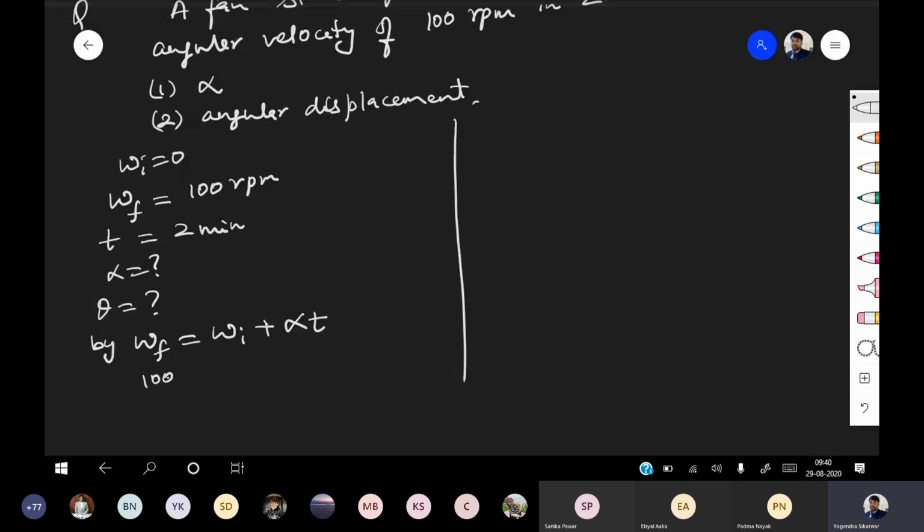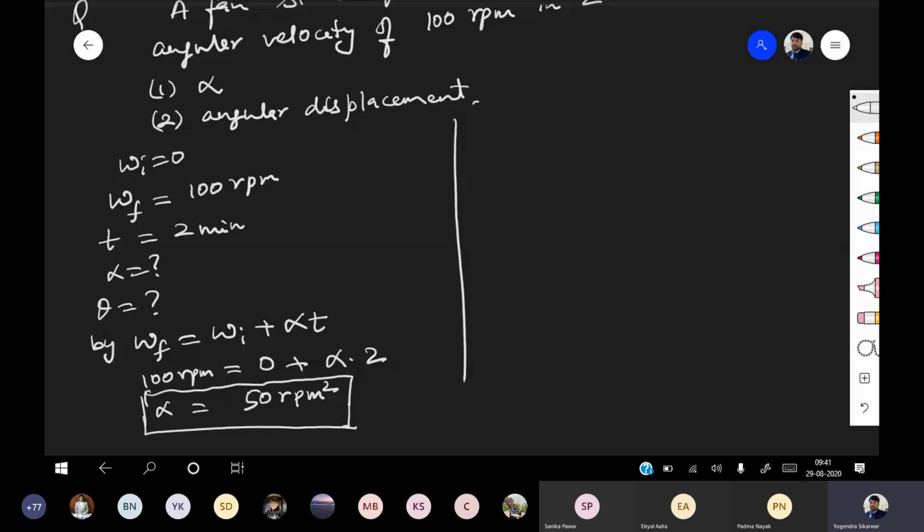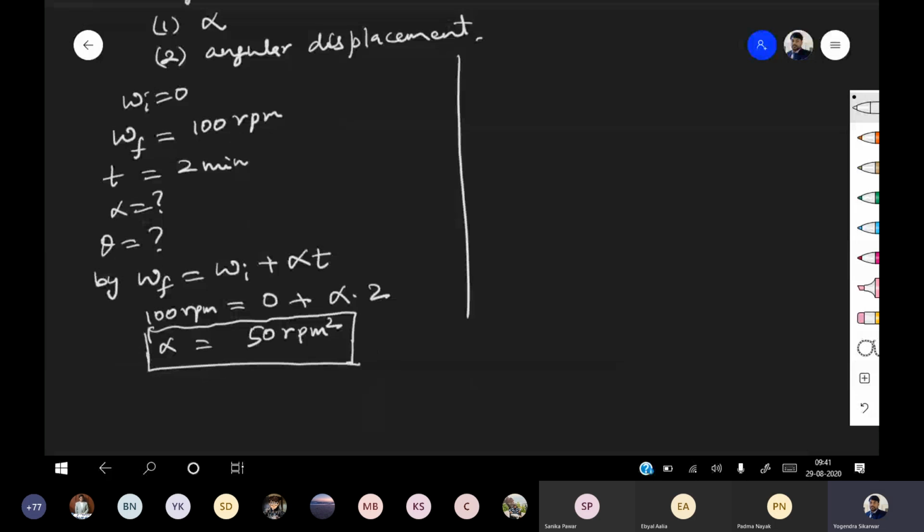Omega final is 100 RPM, which is equal to 0 plus alpha into 2, and that gives us alpha is equal to 50 RPM square. 50 rotations per minute square, or rounds per minute, because one round is equal to one rotation. Okay, now this is for alpha.